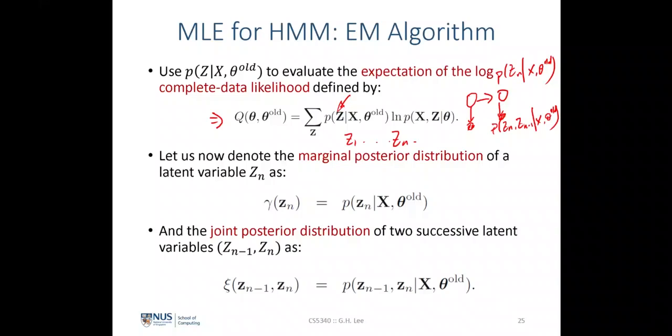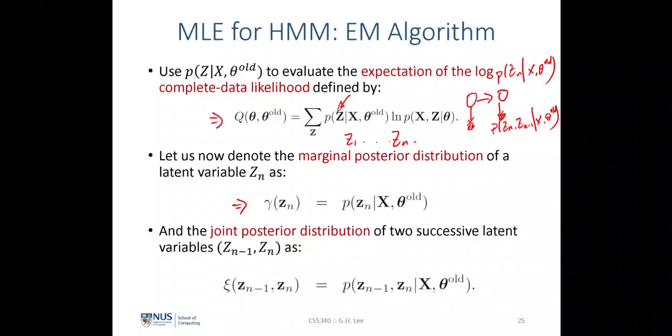Hence, let us denote the marginal posterior distribution of a latent random variable z_n as gamma(z_n). This is equivalent to our responsibility function, which we have seen in the previous lecture, and it is defined as the posterior distribution of z_n conditional upon x and θ_old.